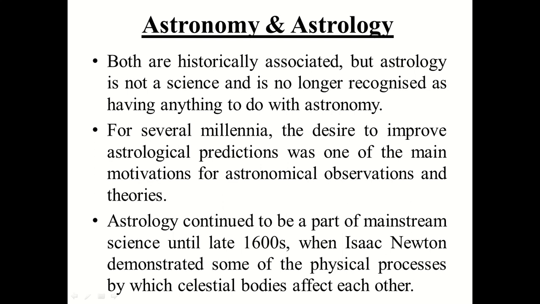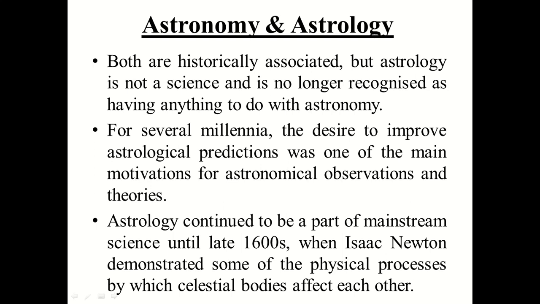from almost the 1600s, when Kepler formulated his laws of planetary motion and Newton formulated his law of gravitation. Before those days, people believed that astronomy and astrology were one and the same.